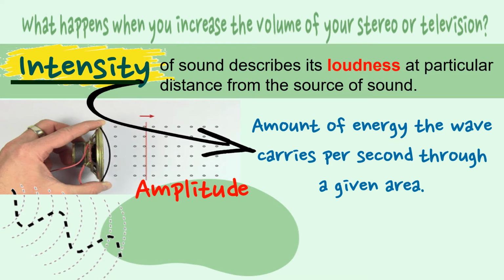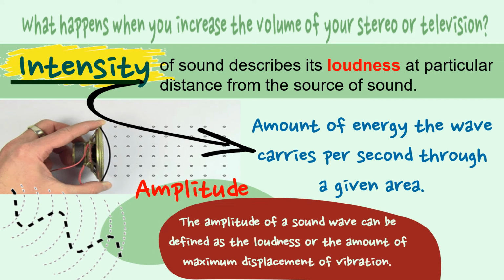When we talk about amplitude, it is the loudness of a sound wave, or the amount of maximum displacement. Displacement is the change of the waves from a particular source of sound, the maximum displacement of the vibrating object.